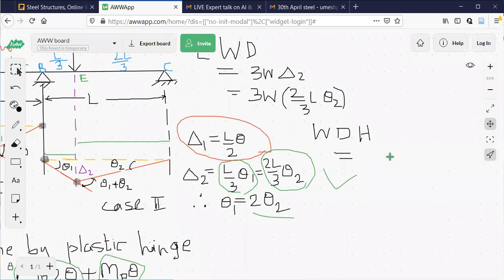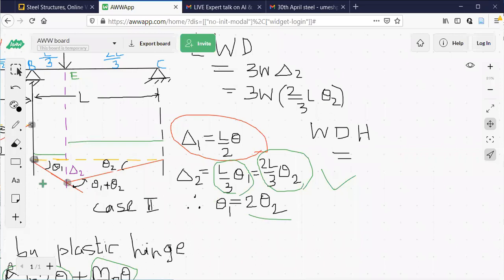I need to accommodate this diagram as well as whatever I'm going to write here. Okay. You can see this hinge here at point B. I'll write that one first. You can see this MP into theta 1. One more hinge is here. MP into angle of rotation here is theta 1 plus theta 2.